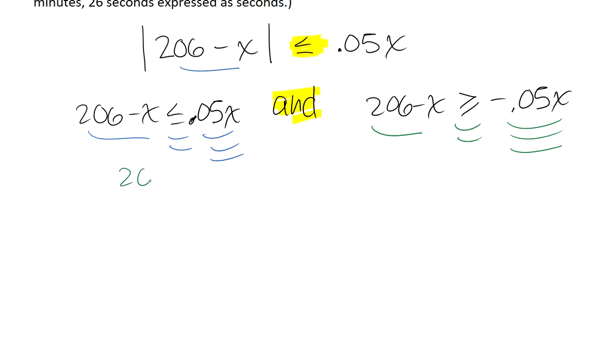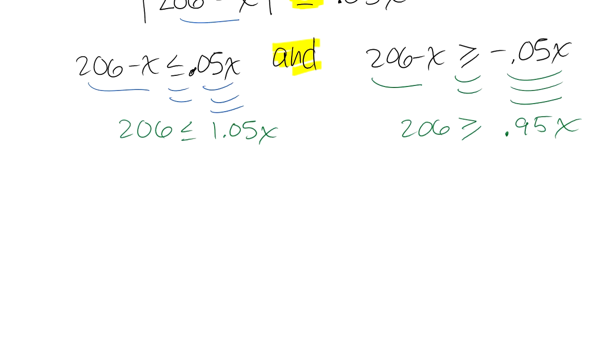So over here I get 206 is less than or equal to 1.05x. And on the other side, I'm going to add x also. So that would be 206 is greater than or equal to 0.95x.